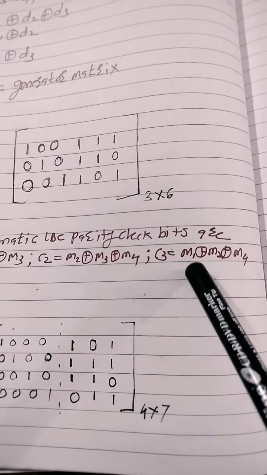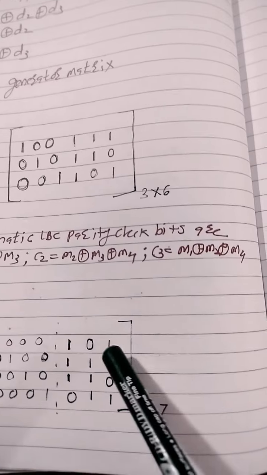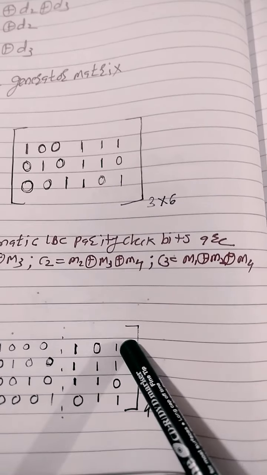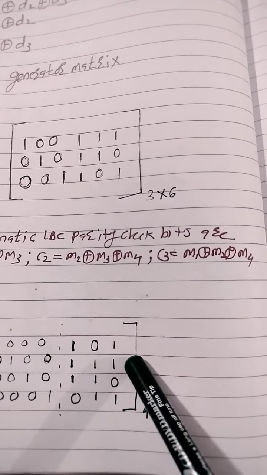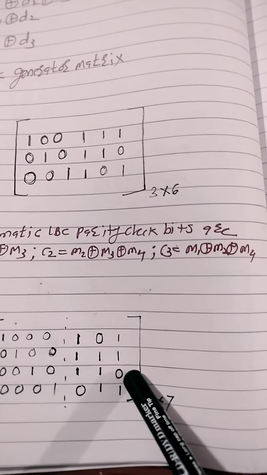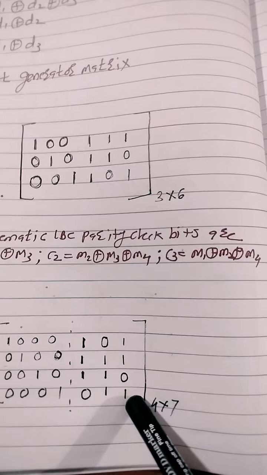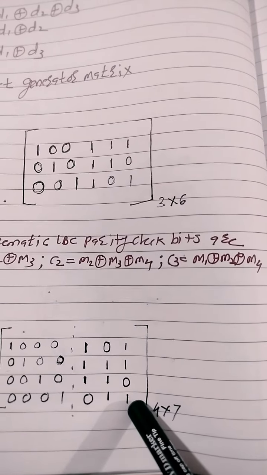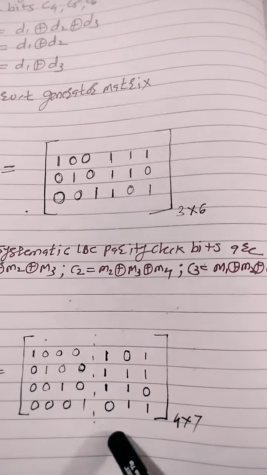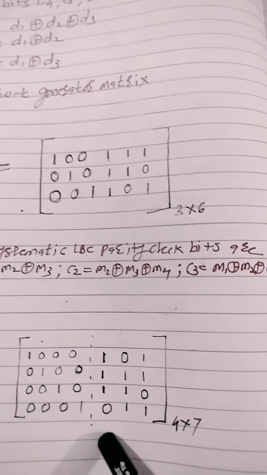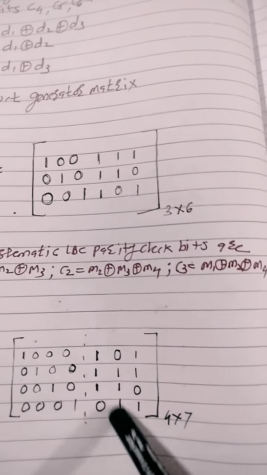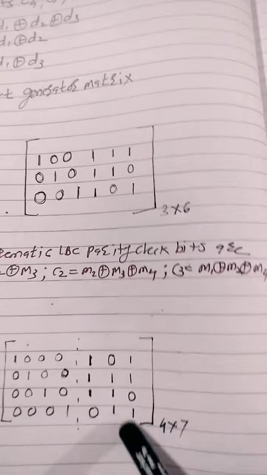For C3 it is M1, M2, M4. So first row M1, so 1, then second row M2, so 1. M3 is third row, it is not there, so 0. And fourth row is M4, it is there, so 1. So this is the column of parity bit 1, this is the column of parity bit 2, and this is the column of parity bit 3.